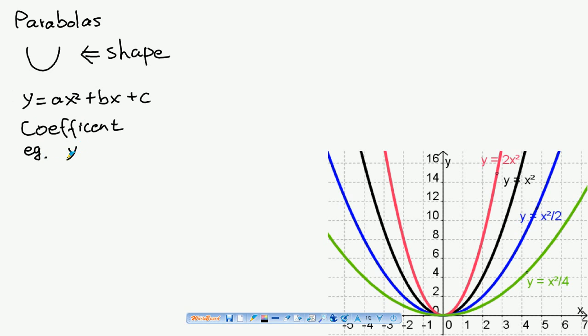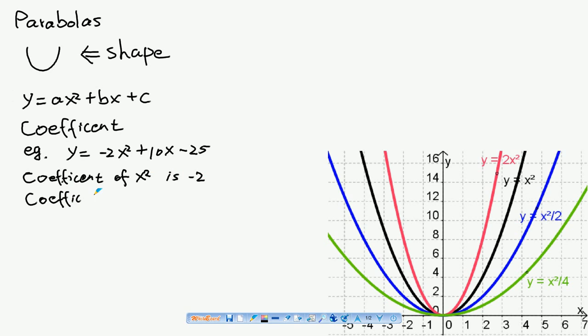Example: if I have y equals minus 2x squared plus 10x minus 25, what we can say is the coefficient of x squared is minus 2, and the coefficient of x is positive 10.